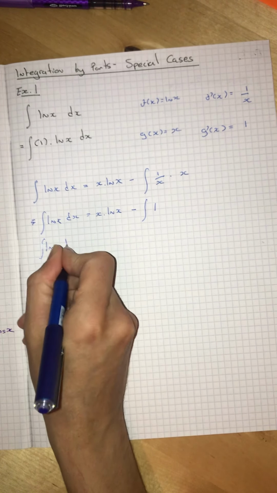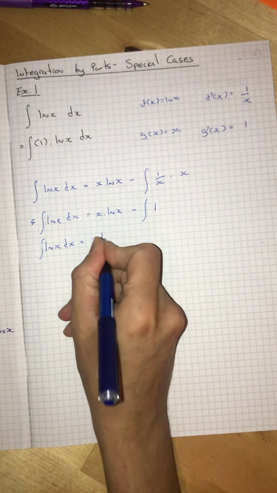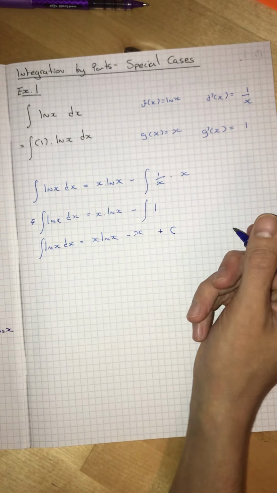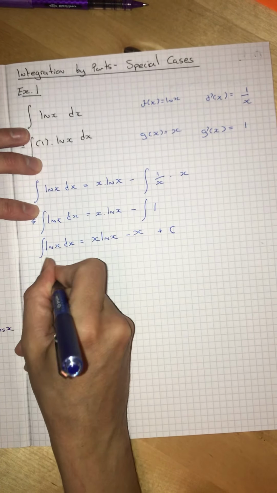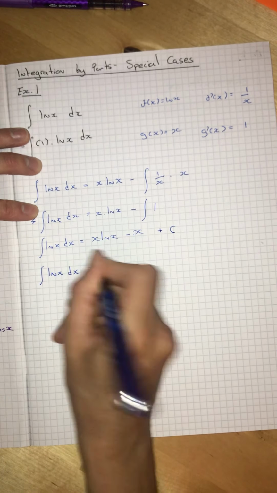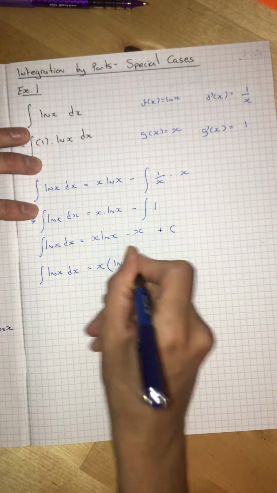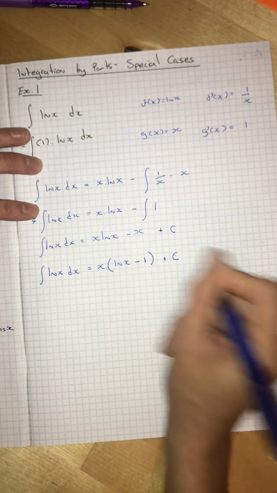So the integral of log x dx will equal x log x minus x plus c. So the integral of log x equals x bracket log x minus 1 plus c.